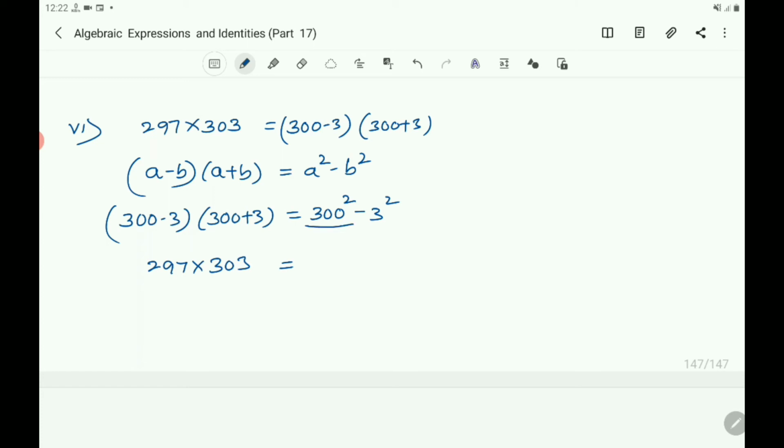You know that 3 square is 9, as it is having 2 zeros, its square is having 4 zeros.